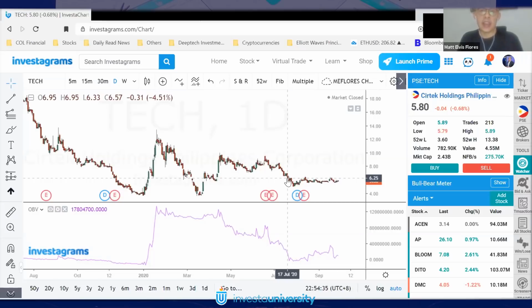Pangatlo is ADX, or what we call the very important indicator when it comes to trading para ma-identify natin yung momentum, yung strength ng isang stock. And our bonus is the on-balance volume, or OBV, for you can easily identify if there is an insider accumulating or distributing.